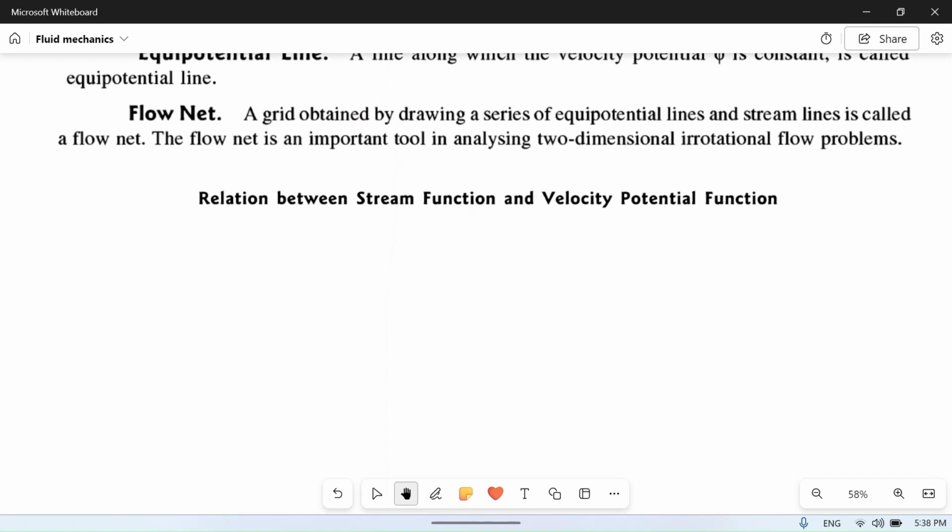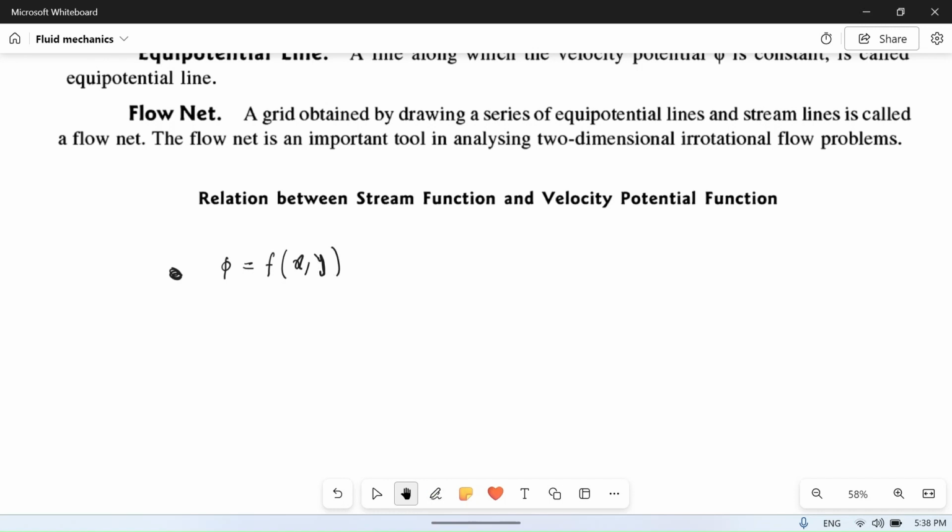So let's see what the stream function and the potential function are. In our previous video we have already studied them, but let's just write in brief. If phi is a potential function, phi is a function of x and y.